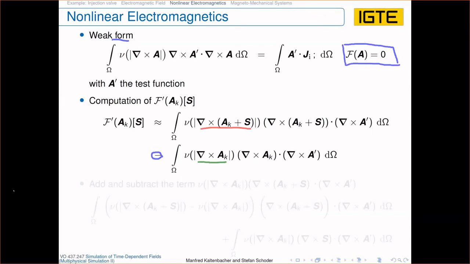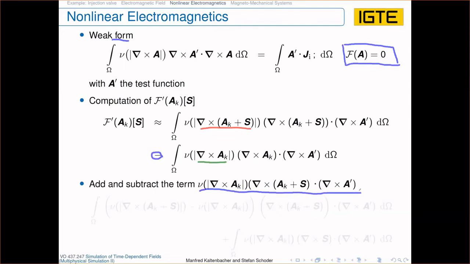So we now do the following steps in order to get rid of our problem, and that is we add and subtract this term. So let's have a look at what we are actually doing here. This is the term we add and subtract, which means we don't change anything.